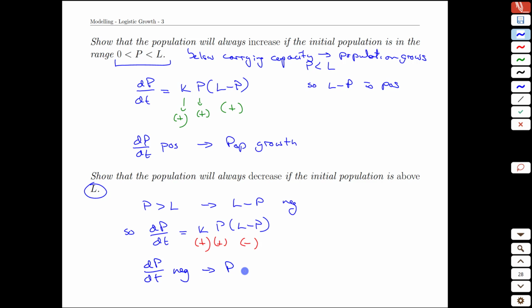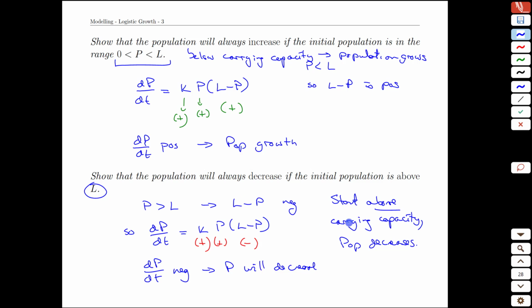And that means that P will decrease. And so if we start above the carrying capacity, then we're going to have some dying off in the population, because the environment cannot support the population that we've put into it.